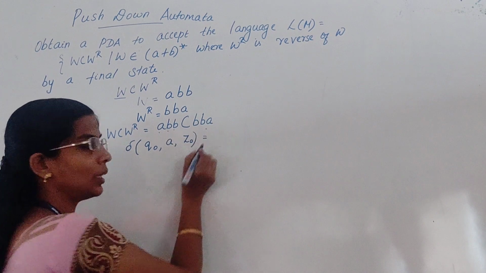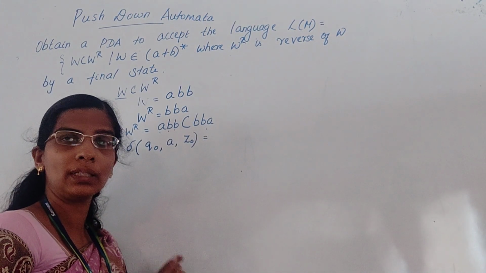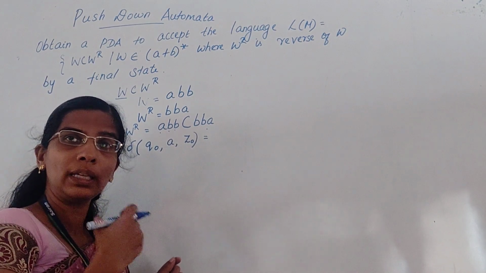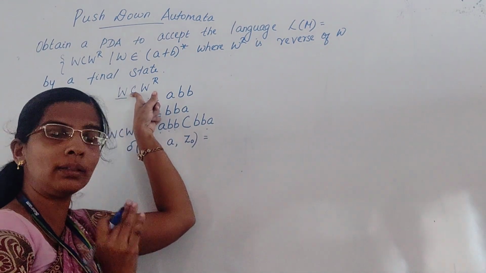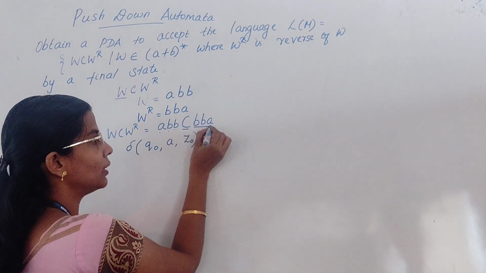So what I told, complete W I have to push inside my stack. How do I know I am dealing with W? Until you find the C, you are in W. You can see after the C, reverse.